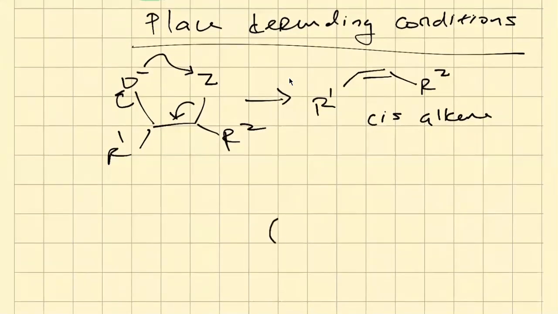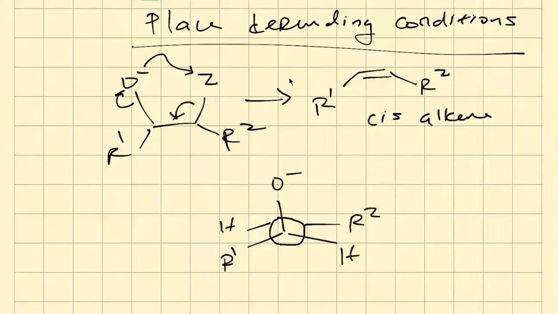Think about it in terms of a Newman projection, where the oxygen is here and R1 is here, and this is all in the eclipsed. And then here's Z here. Let me redraw that. Right?